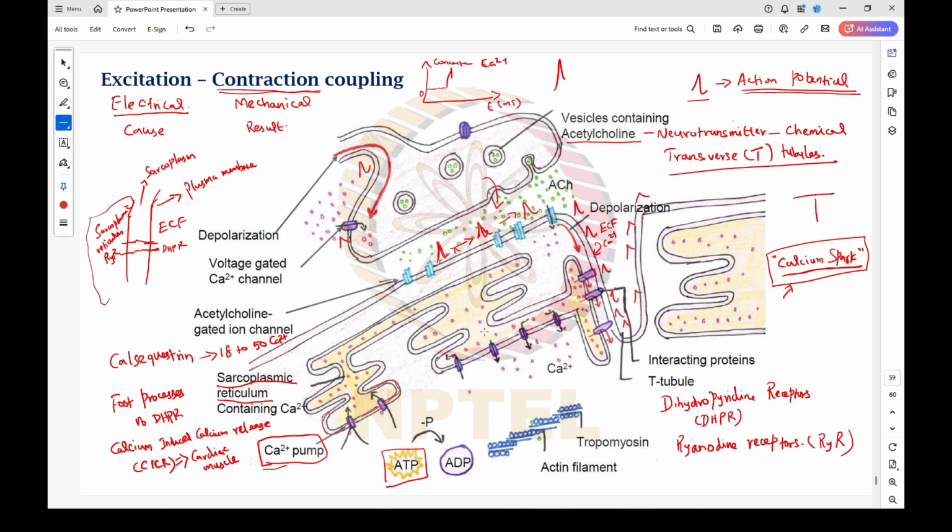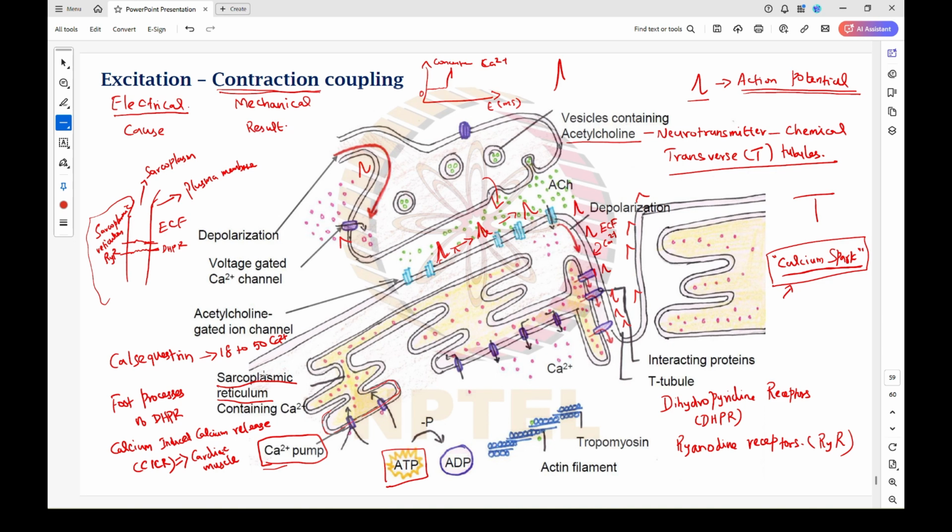And the DHPR RYR system spans across this near the transverse tubules, not near the plasma membrane, which is near the neuromuscular junction. So the calcium is out, causing a calcium spark, which will then result in the contraction finally.